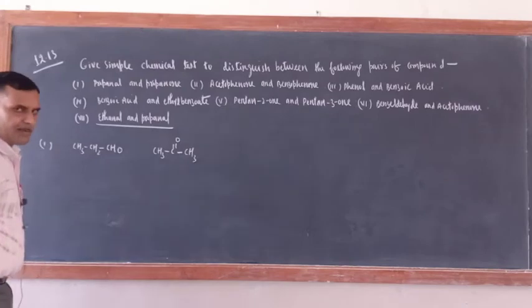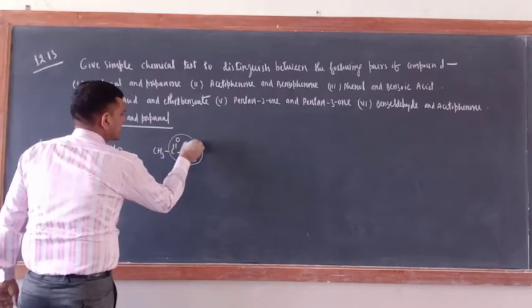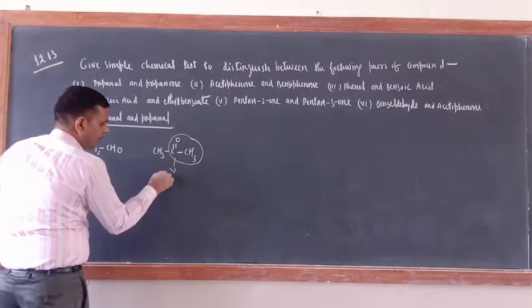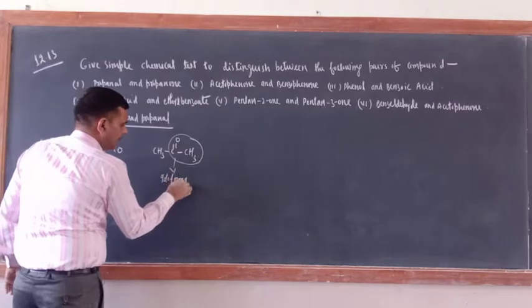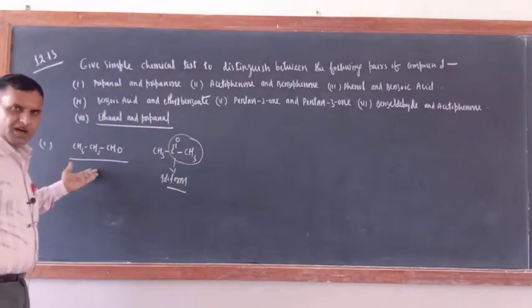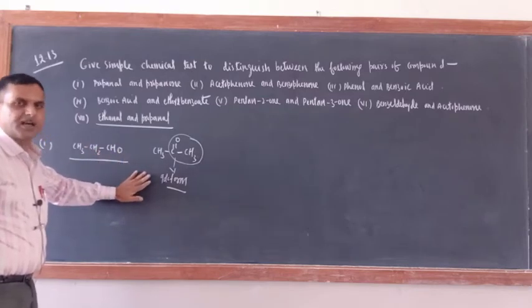Now just see, this is containing the CH3CO group, so this will give the iodoform test, and this will not. So is the distinction over or not? That is not enough. You have to write their reaction with the iodoform.